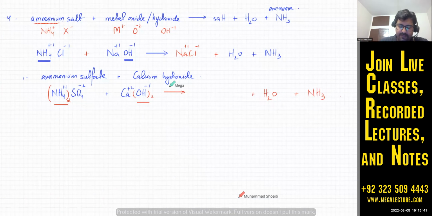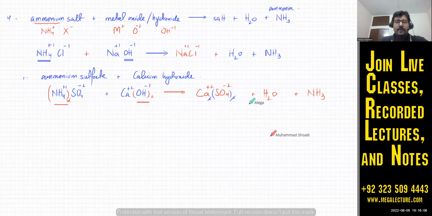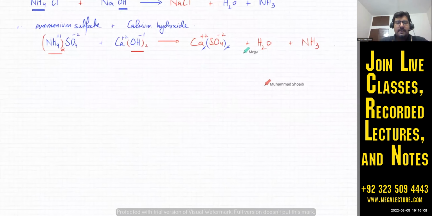If the OH turns to water and the ammonium turns to ammonia, what is left is calcium and SO4. And it's just going to be CaSO4, because even if you do crisscross, both become 2 and the 2 will get cancelled out. It has to be the simplest ratio. So that is the equation.